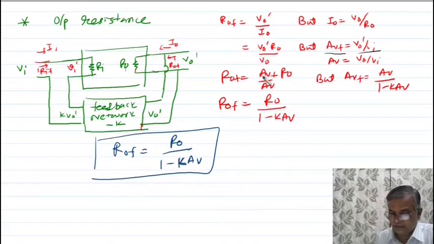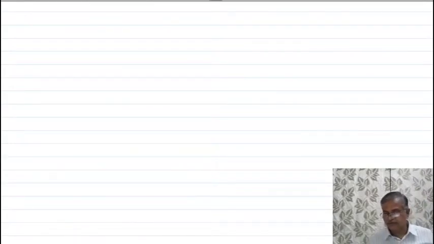So instead of this I am putting Avf upon Av. What is Avf? Av upon 1 minus K Av. So you can get your answer. I think you can understand this. Let us do some numericals based on this.